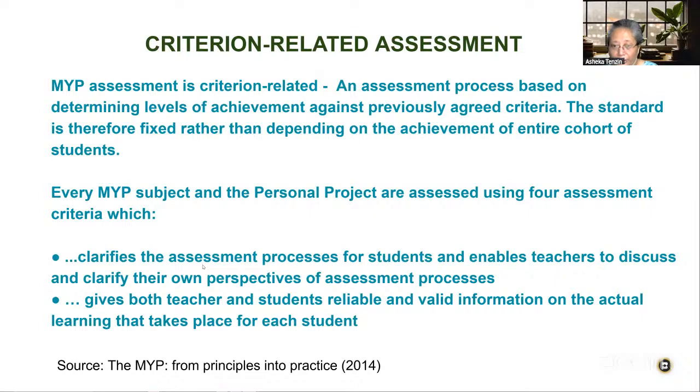So you have criteria A, B, C, and D. These criteria also give both teacher and students reliable and valid information, and let us know how much actual learning has taken place for each student. This write-up is taken from Principles into Practice.